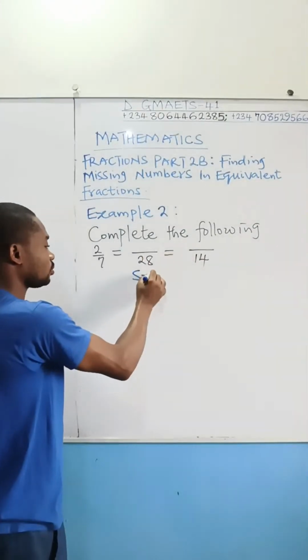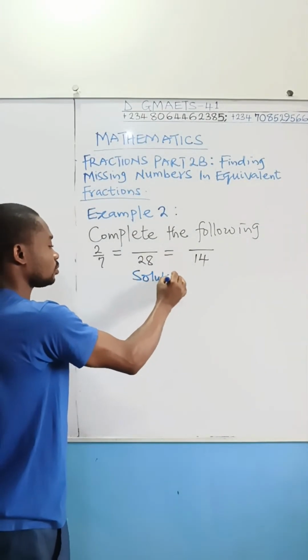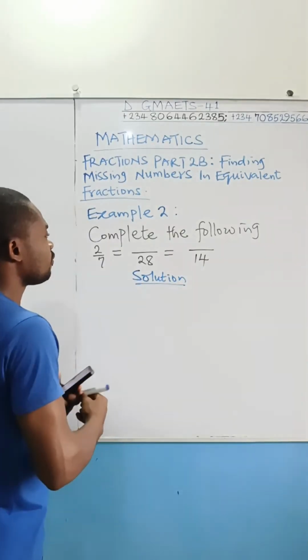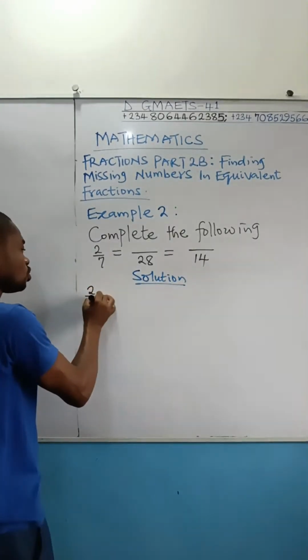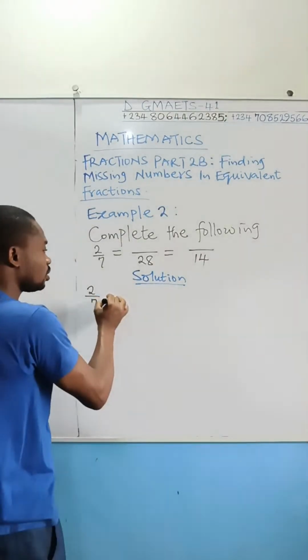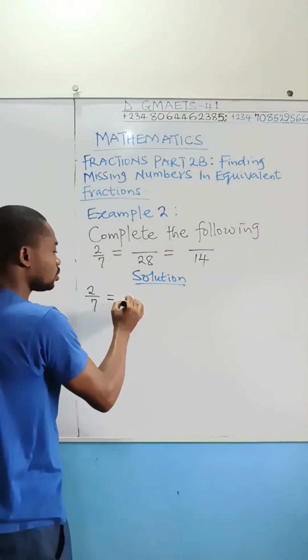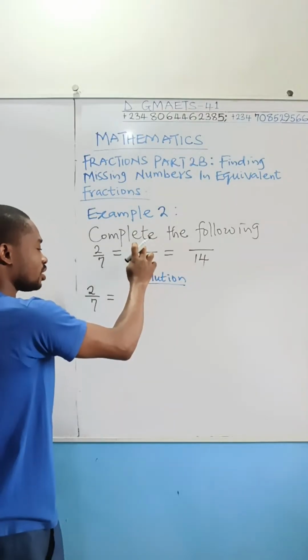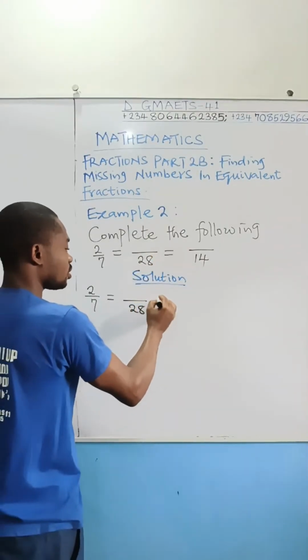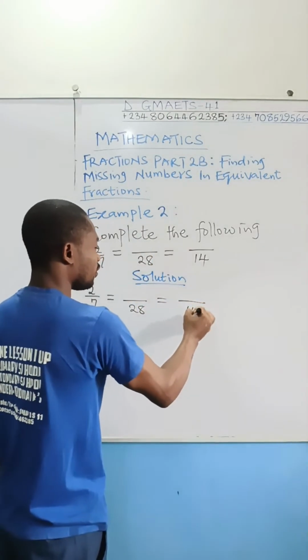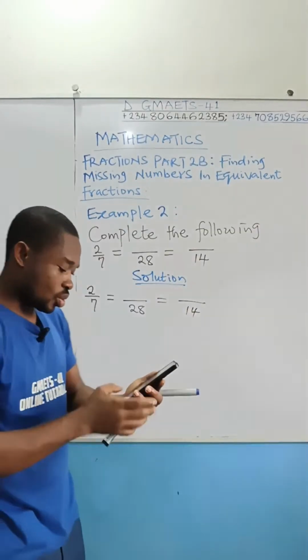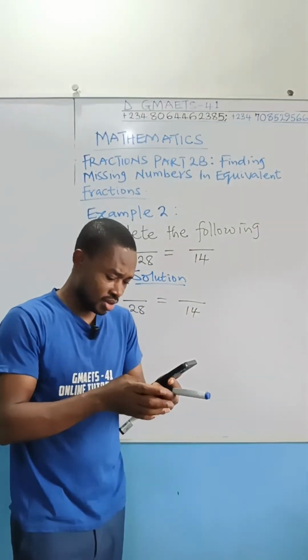Solution. From the question given to us, we have 2 over 7 equal to, now we don't know what is here, over 28 equal to blank over 14. That's the question given to us, right? Good.